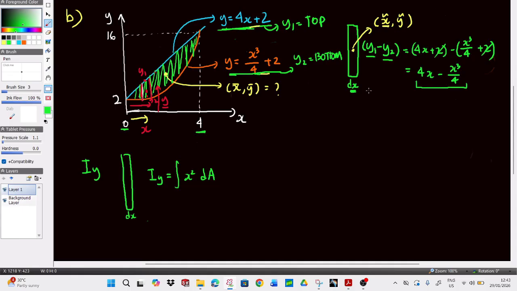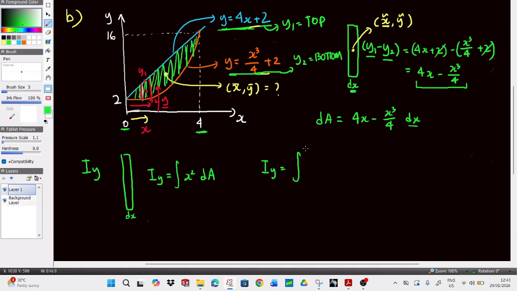So we already have a vertical element and we already have our dA. Our dA is simply (4x minus x cubed over 4) dx, so that means our Iy is really easy to find. We're integrating, and our limits are between 4 and 0 because our dA is with respect to dx.